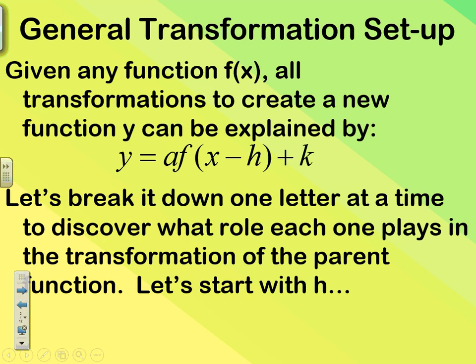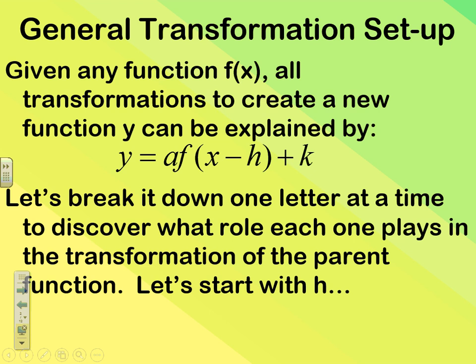Now, generally speaking, the equation that you see here in the middle is pretty much how all functions are transformed. Every function that we have will follow some kind of pattern like this, where we have a times the function, in parentheses x minus something with the function, and then plus k something with the function.